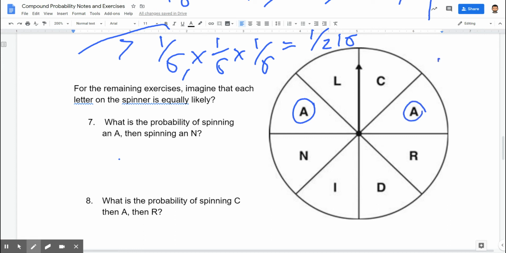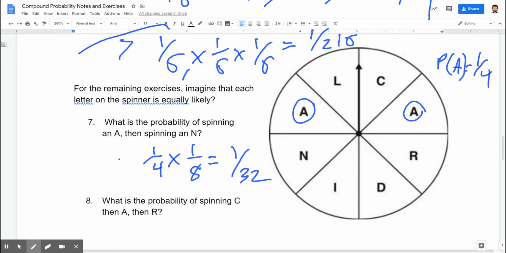So the probability of getting an A is 1/4. Everything else is going to be 1 out of 8. Therefore, the probability of doing an A and then an N is going to be 1/4 times 1 out of 8, which is equal to 1 out of 32.